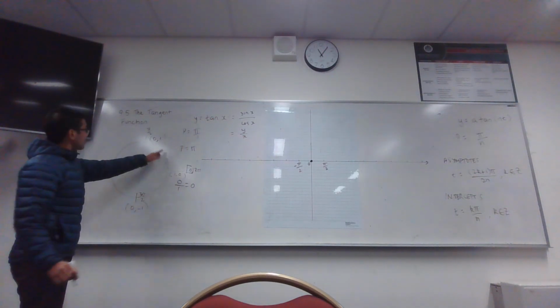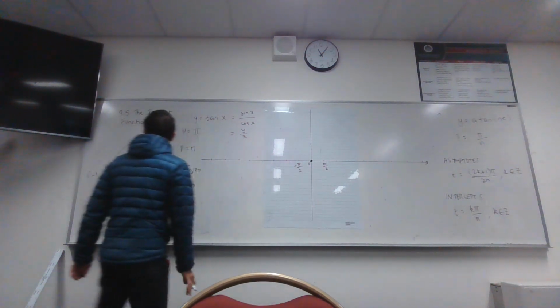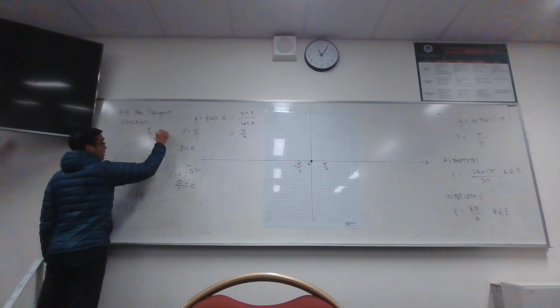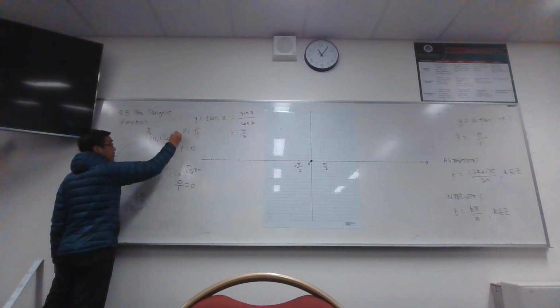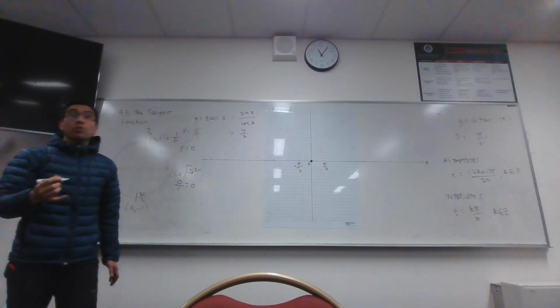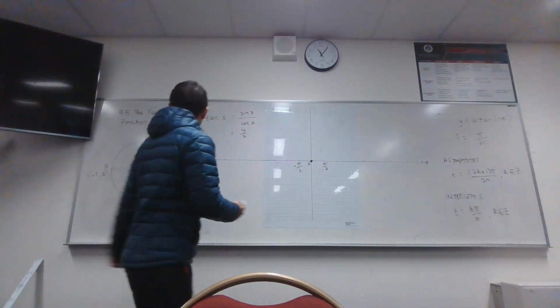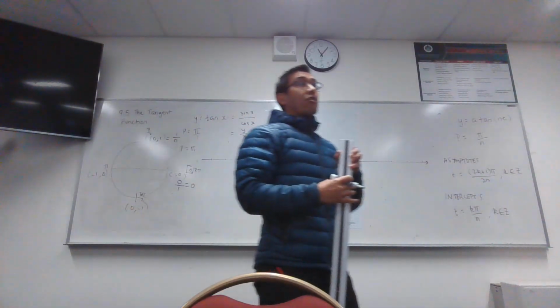Let's move over to this angle here, pi on 2. I've got to mark this pi on 2 now. Let's do that again. If that's my x and my y, I'm going to do my y on top and my 0 on the bottom. What's 1 divided by 0? It's undefined. What does undefined look like on a graph?